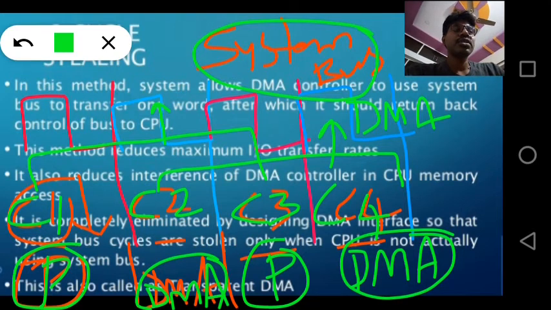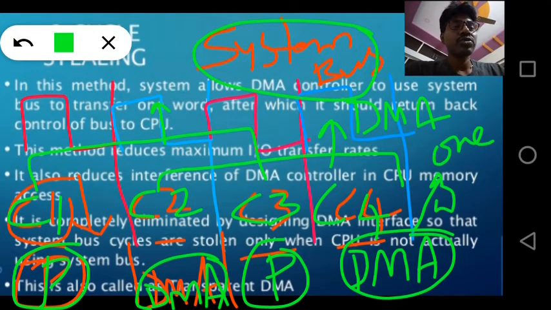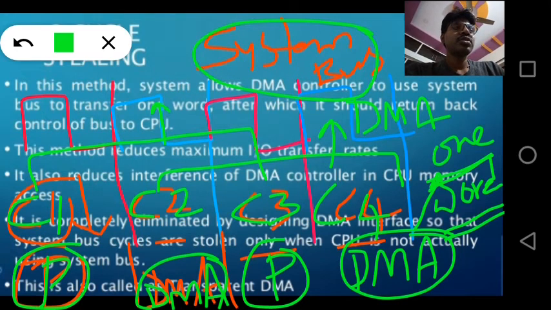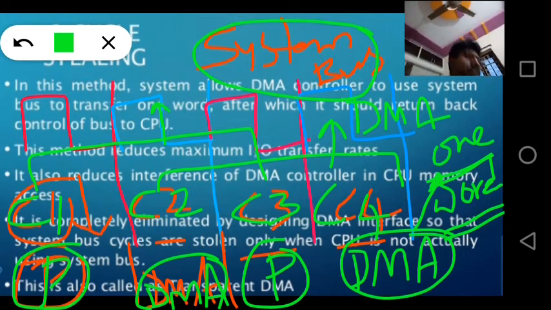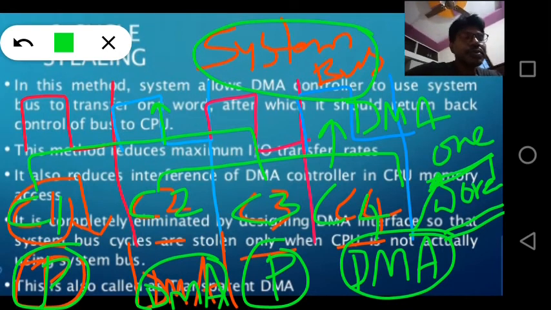If I have megabytes or gigabytes of data to be transferred, and this DMA transfers one word, not a complete memory block.